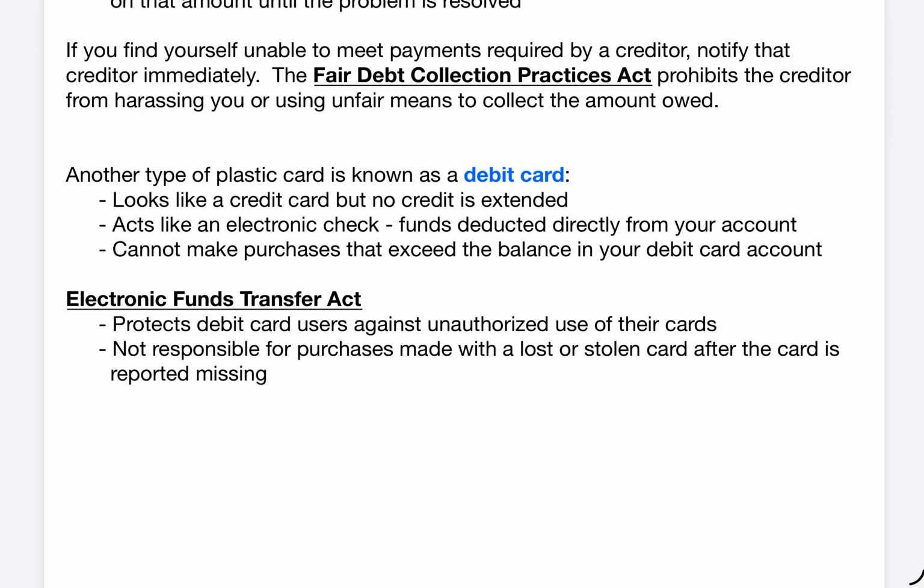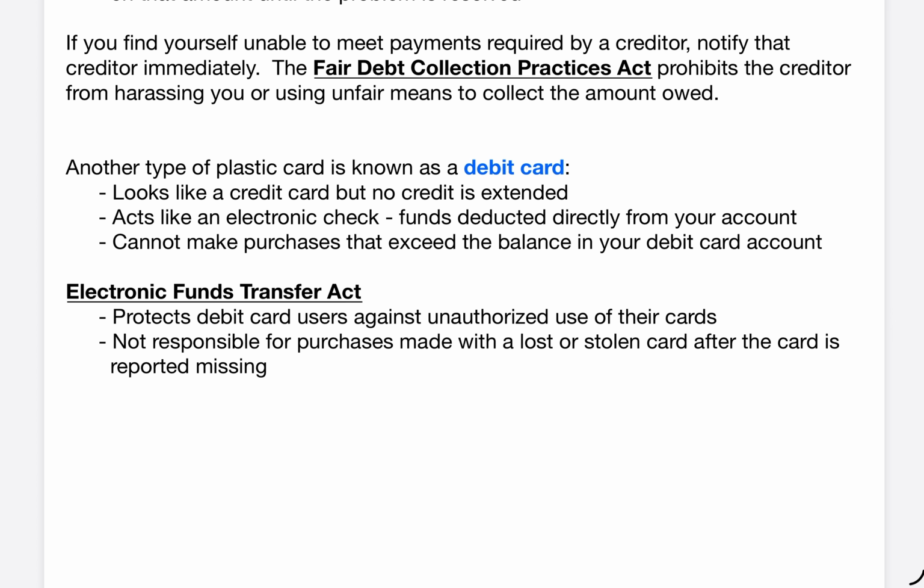Once you notify them, you will not be responsible for those fraudulent purchases made with your card because it was lost or stolen. So it's really important that you report that immediately, which also means that if you have a debit card, you should be keeping an eye on all transactions that are taking place. And I would recommend that you do this on a daily basis.